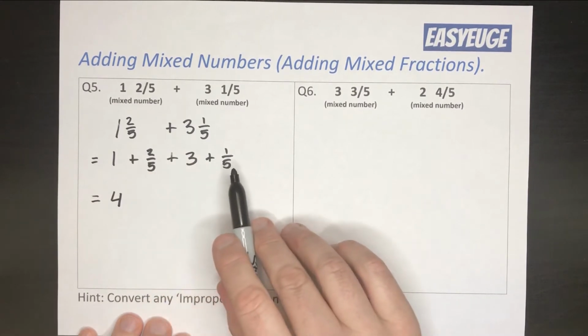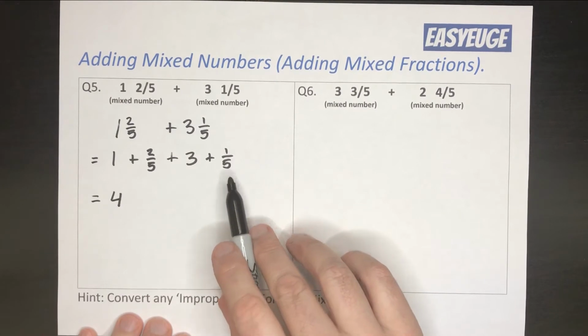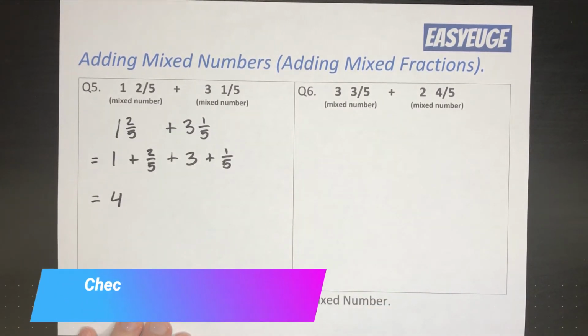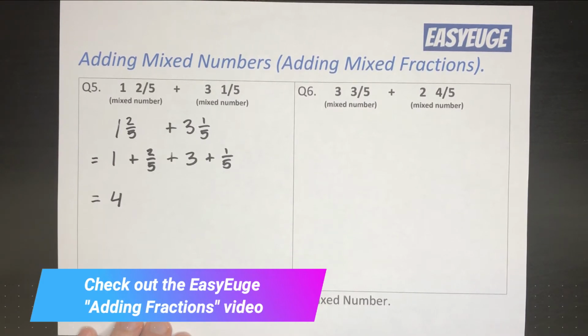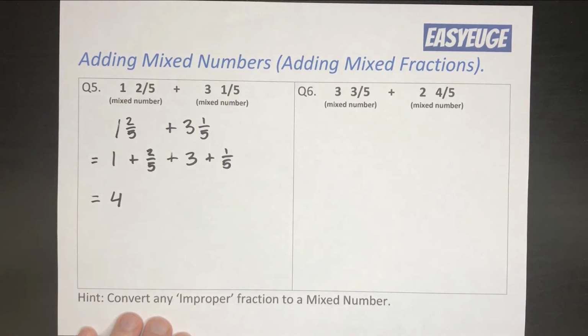2/5 and 1/5. We can see the numbers on the bottom are the same, and we learned how to add fractions in one of my previous videos called How to Add Fractions, and also adding fractions with different denominators. So if you don't know how to add fractions yet and you've started on this video, continue watching the video, but do go back and watch how to add fractions.